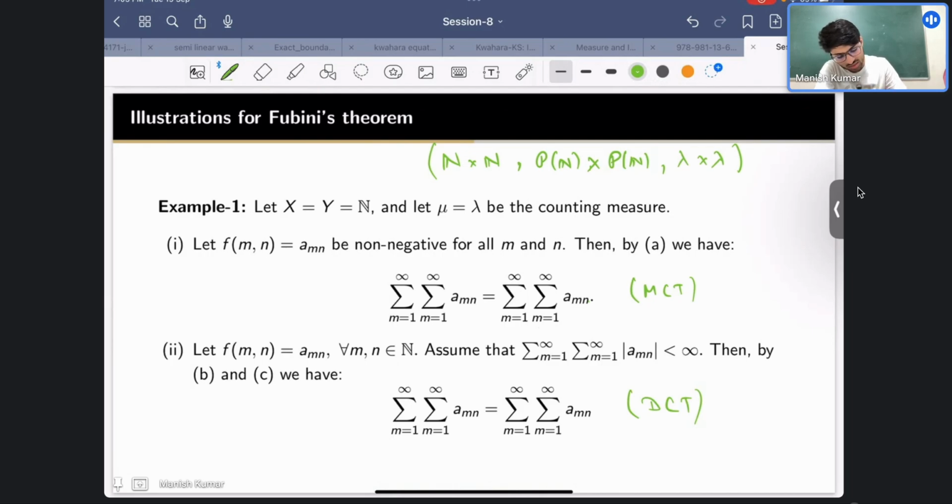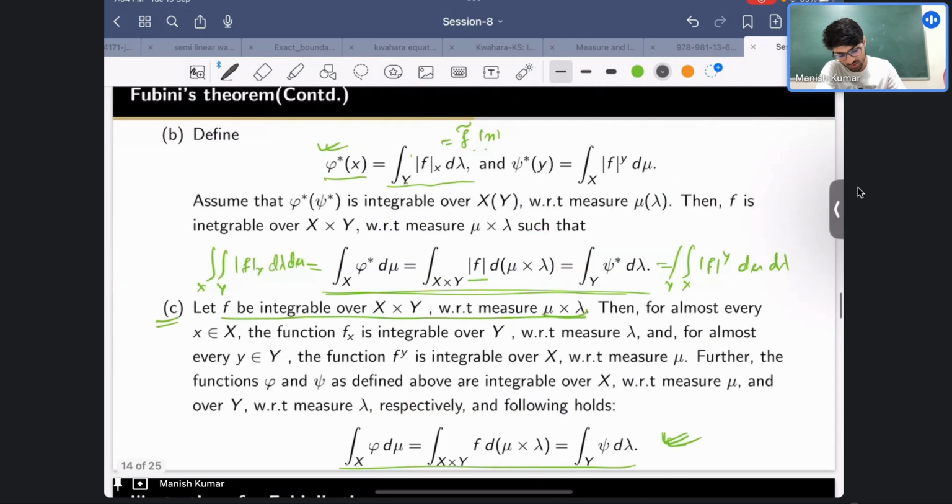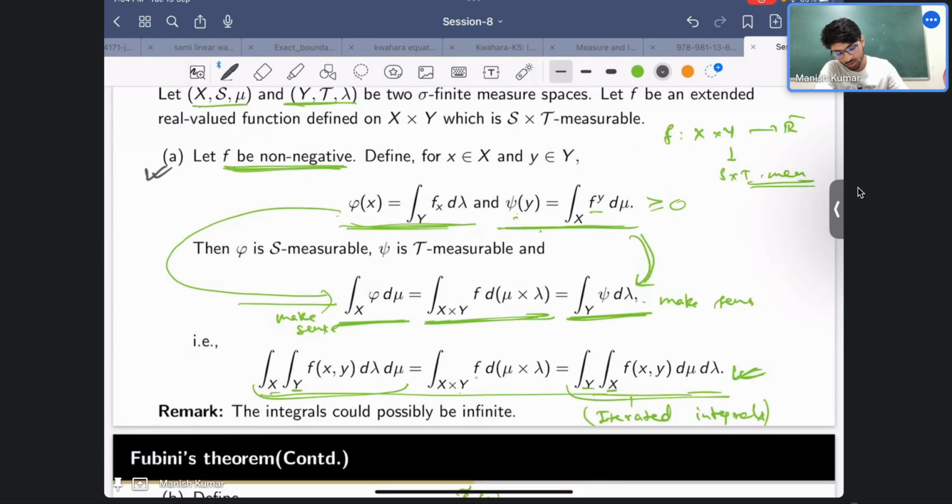On this space, if you define your f(m,n) as a_mn, then using the Fubini theorem you can prove that you can either sum over n first and then over m, or over m first and then over n. So they are interchangeable. This is the application of part a.